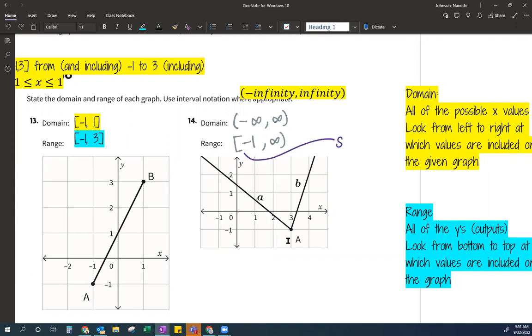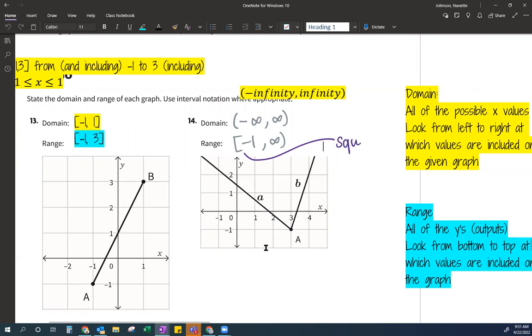Square bracket. That doesn't look like a bracket. Because closed circle. So right there. So we get a closed circle means a square bracket.